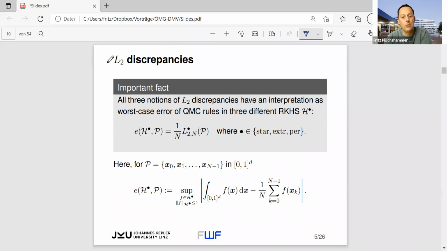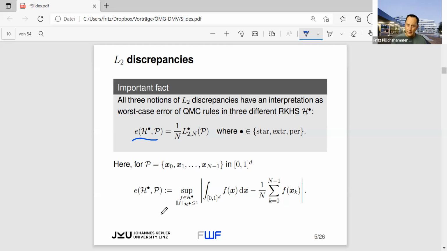For any of the three notions of L2 discrepancies, there exists a reproducing kernel Hilbert space H of functions over the d-dimensional unit cube, such that the worst case error for quasi-Monte Carlo integration in this function space based on the point set P is exactly 1 over n times the respective L2 discrepancy. So this is a relation between numerical analysis on the one hand side and discrepancy theory on the other hand. Maybe you're not so familiar with the notion of worst case error of a QMC rule.